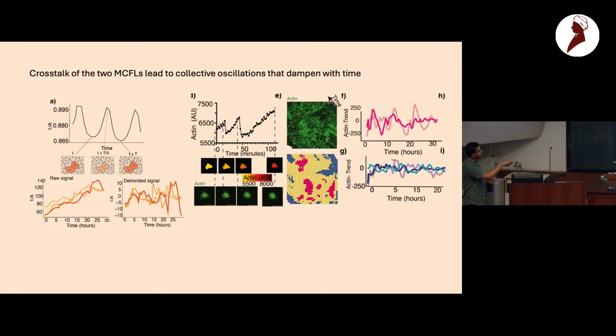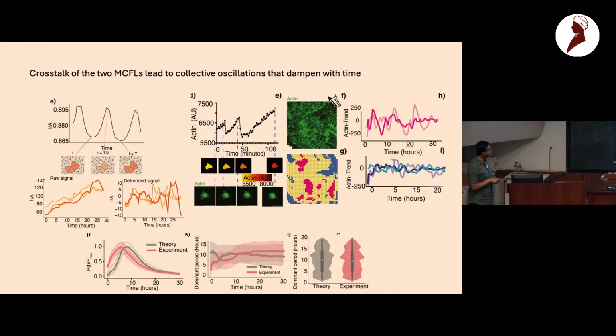And you can do the experiments, and you find very similar behavior. When you look at individual cells, they have oscillations of the order of 10 or 20 minutes. But when you look at the collective oscillation in the tissue, they happen over the scale of 4 to 10 hours, okay?